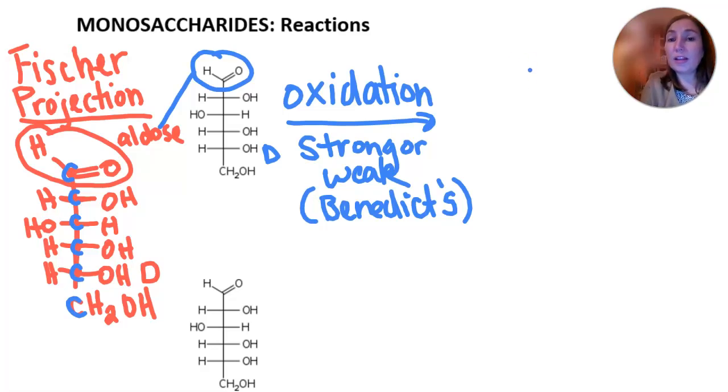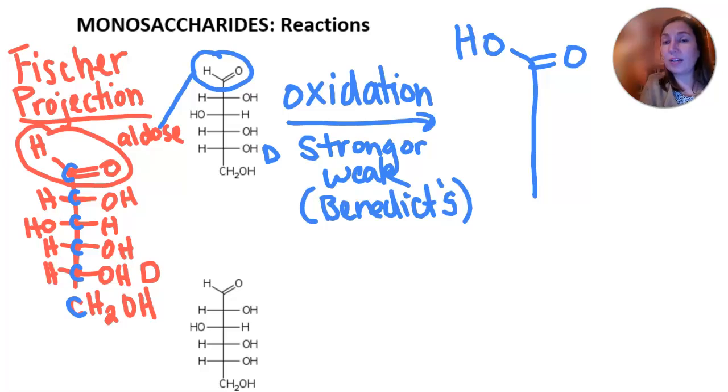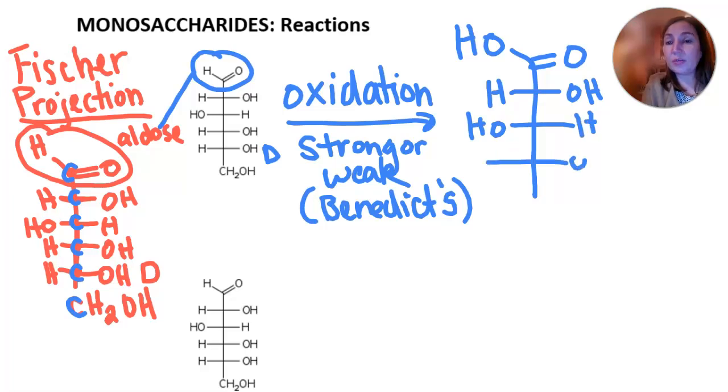We would leave the whole backbone the same and just change our first C double bonded O with an H to an OH at the end for an aldehyde. But then the rest of the sugar, our OH on the right, our OH on the left, our 2 OHs on the right, they would all be unchanged.